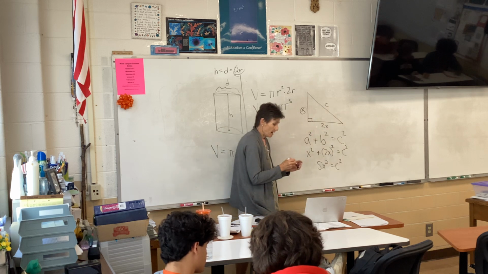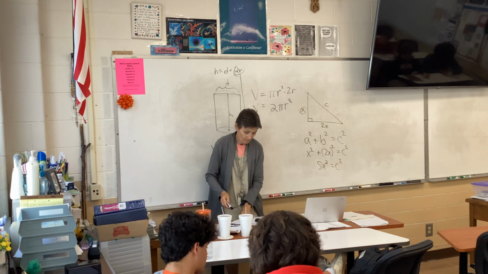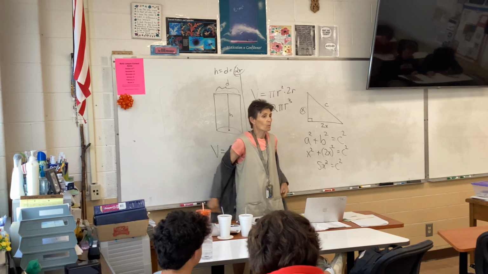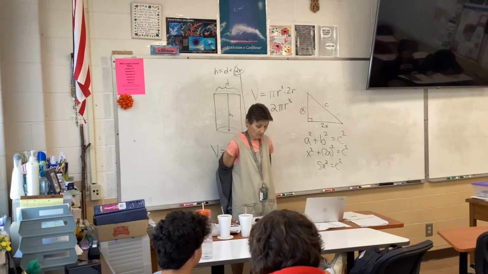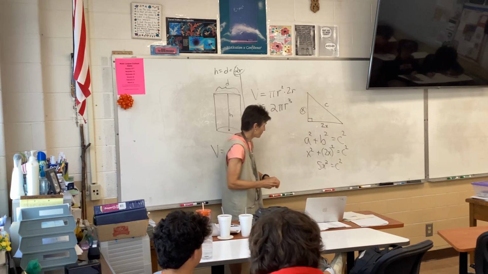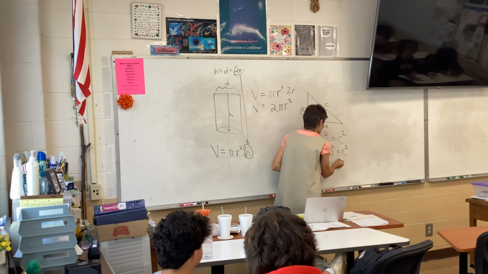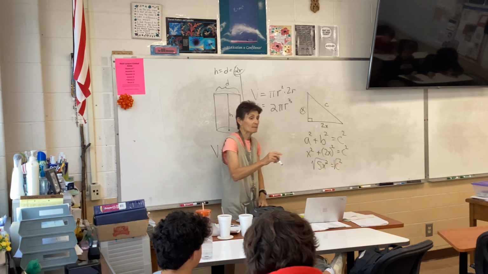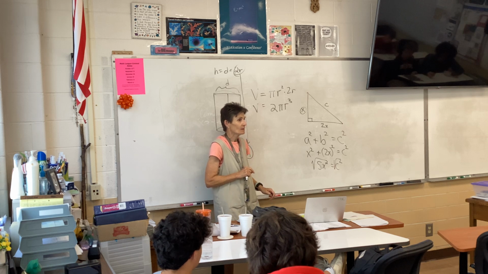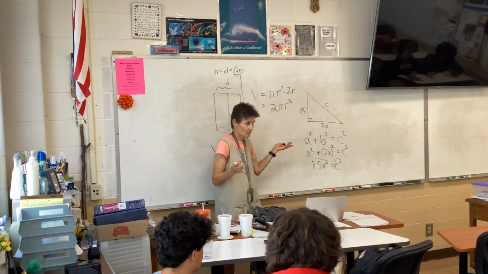Now, I need a function, so I need c, not c squared. So what do you do? You take the square root, and be careful when you take the square root. Can somebody tell me why I don't want plus or minus this time? Because you can't have a negative hypotenuse, right?